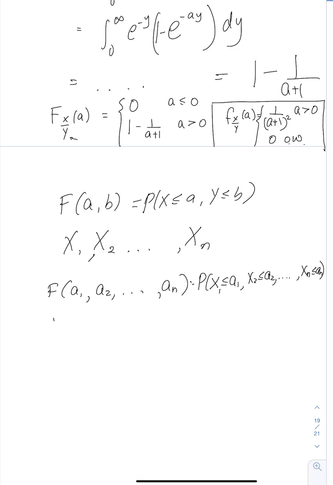And you could have a joint PDF, for example, if it's continuous, and you have a set C in Rn.